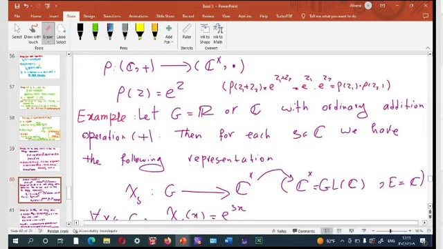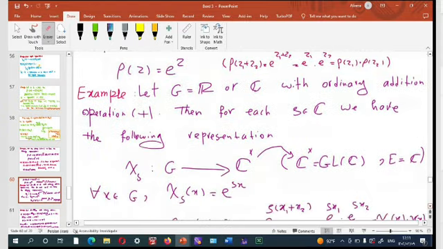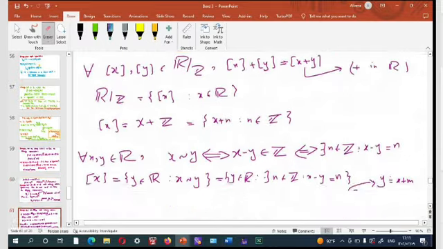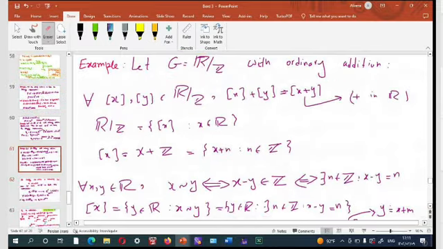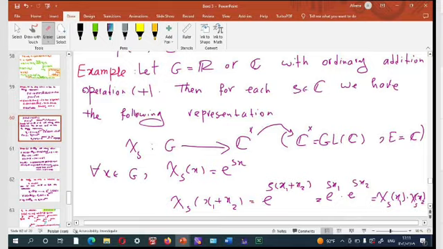G equals real numbers or complex numbers with ordinary addition operation. Then for each s in the complex numbers, we have the following representation. This function from C to C minus 0, okay? By this function rule, for each x in our group G, chi_s of x equals e to the power of sx.